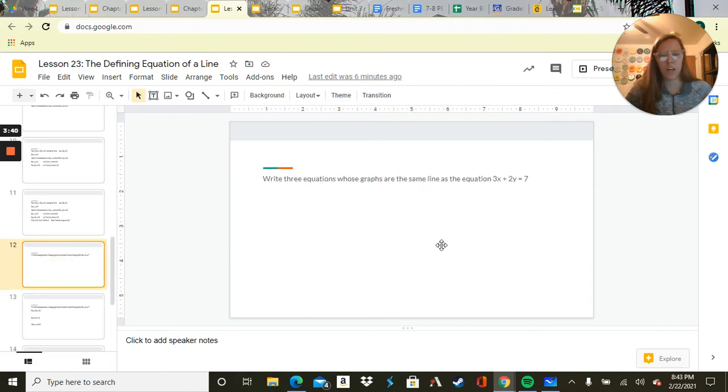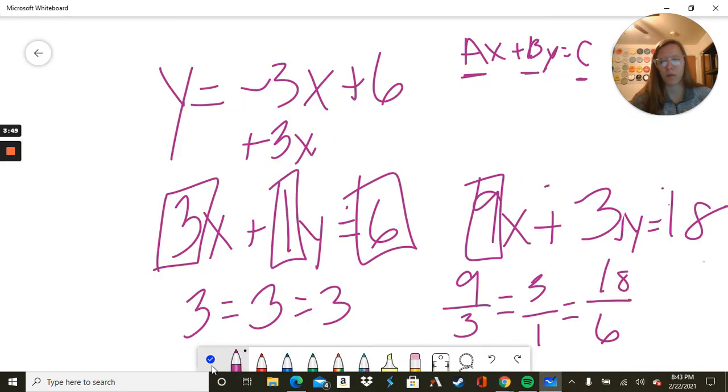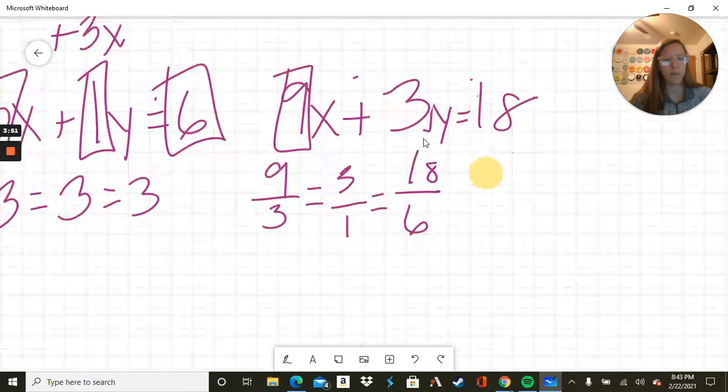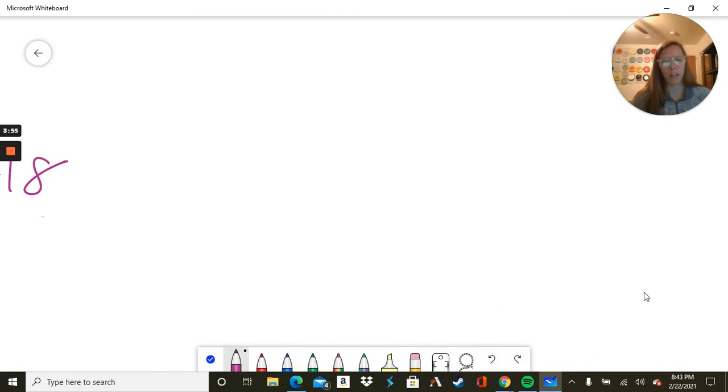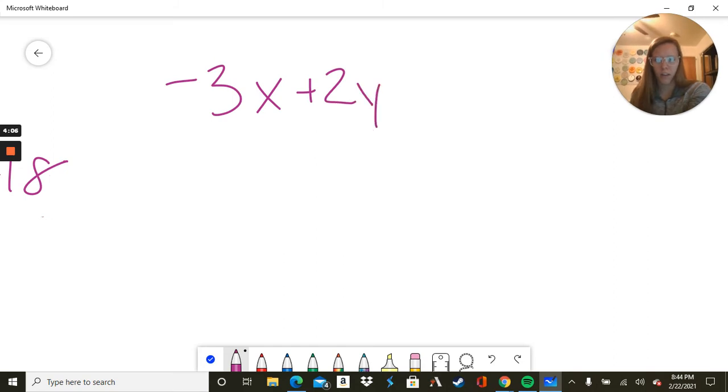So next, we're going to write 3 equations whose graphs are the same line as the equation 3x plus 2y equals 7. So the way we're going to do that is by using the same constant, so the same number, to multiply times them. Okay?